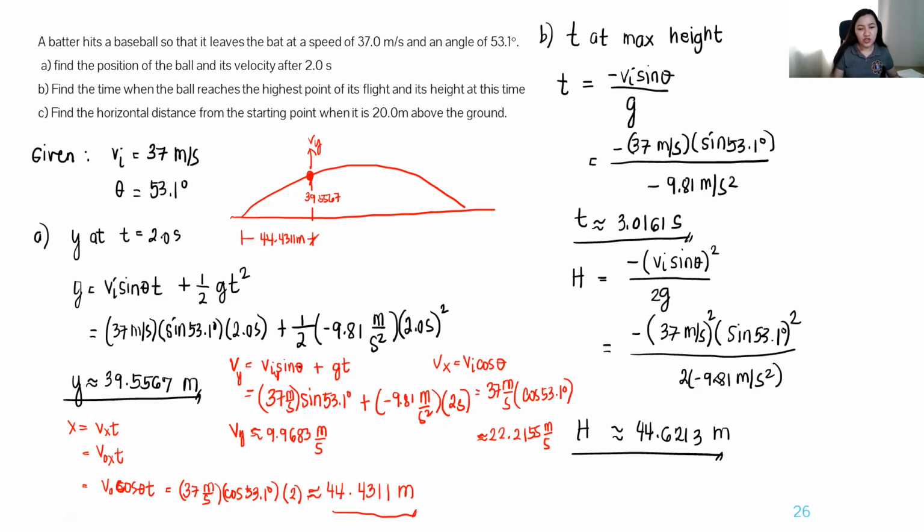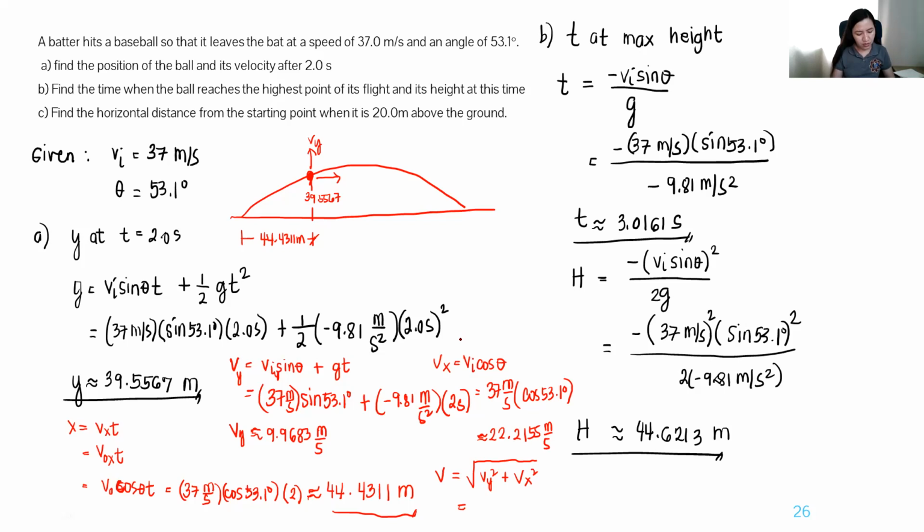Okay, but we do not end there because we have to find the resultant velocity. So the resultant velocity would be the square root of our Vy squared plus Vx squared. So this squared plus this squared, and then we extract the square root. So that would be the velocity of the object at this position. So we would expect, since it is already going down, that its velocity at this point would be, of course, less than 37 meters per second.